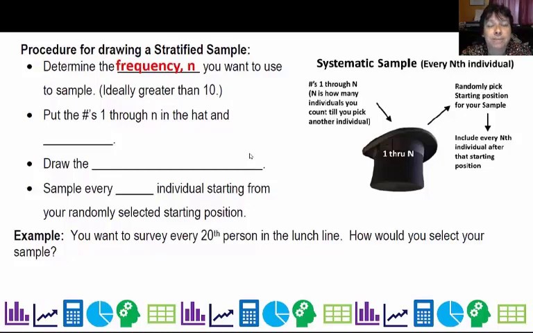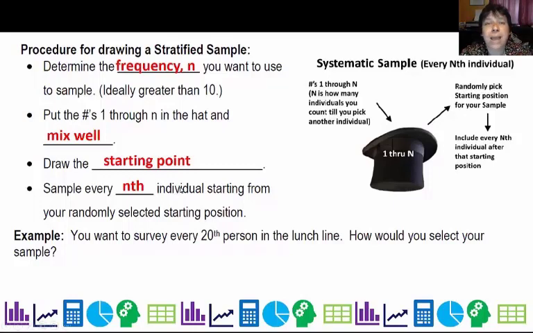So if you decide to sample every 10 people, you're going to go 1 through 10. If you do every 15, 1 through 15. You put them in the hat, and of course you mix it well. Then you draw the starting point. That is what is randomized. You do not automatically start with the first person you see. Then you would sample every 10th individual from that starting point.